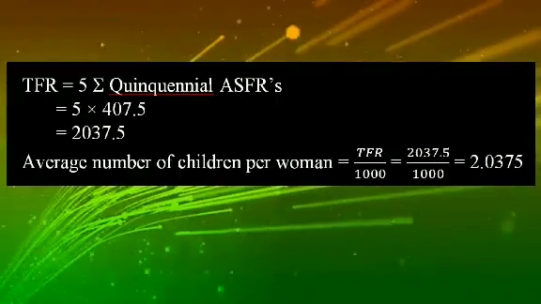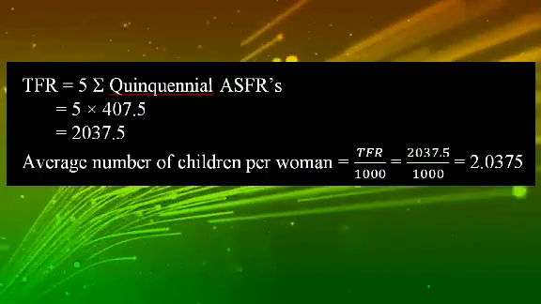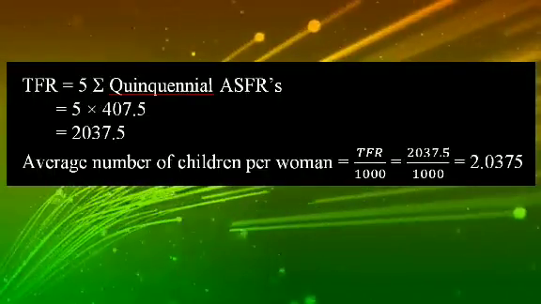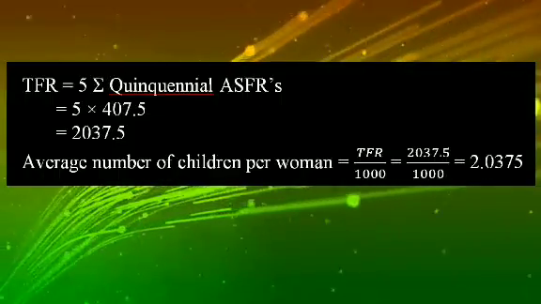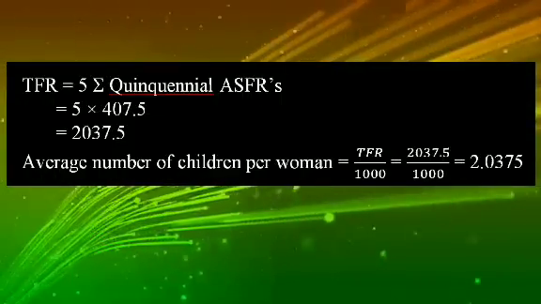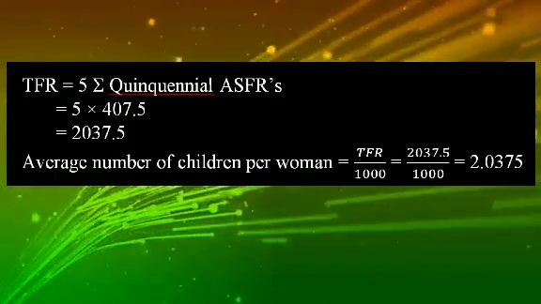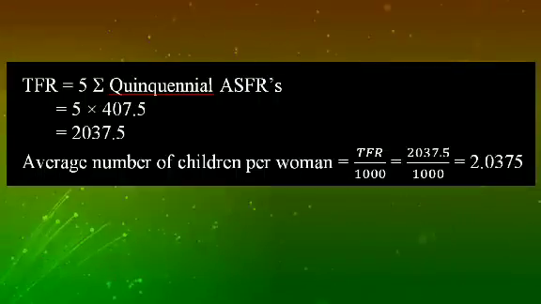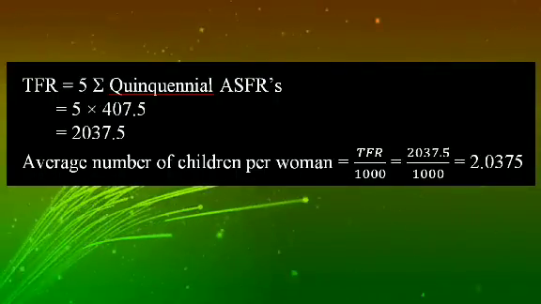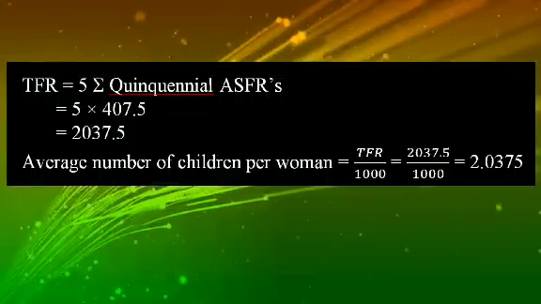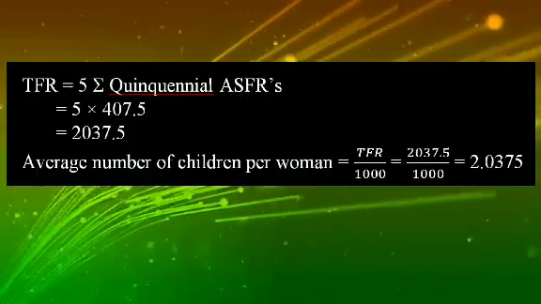This is your first question. The first question was to find TFR. So TFR equal to 2037.5. Now the second sub question, they ask you to find the average number of children born to women of childbearing age group. So you should find the average number of children.